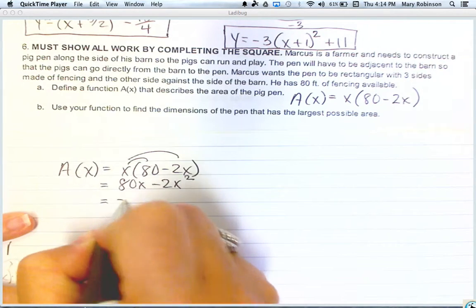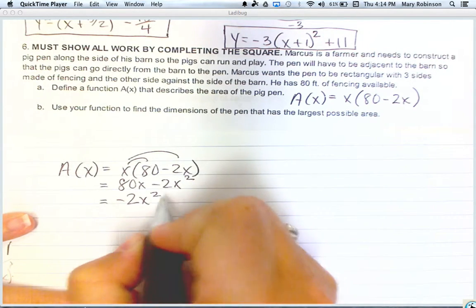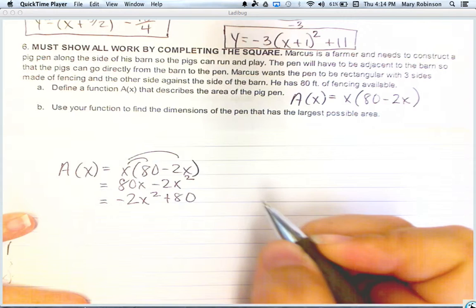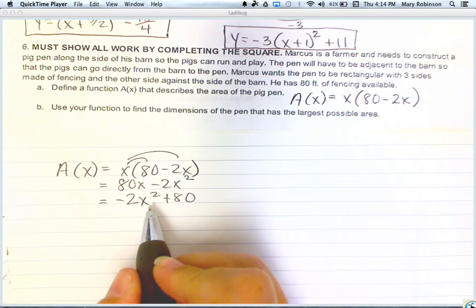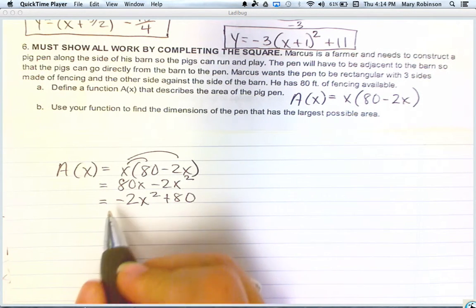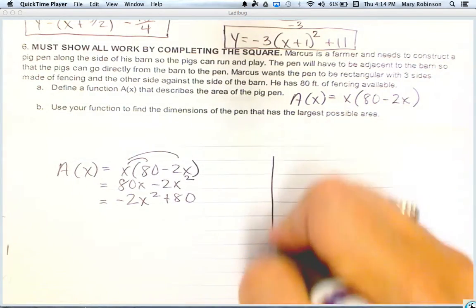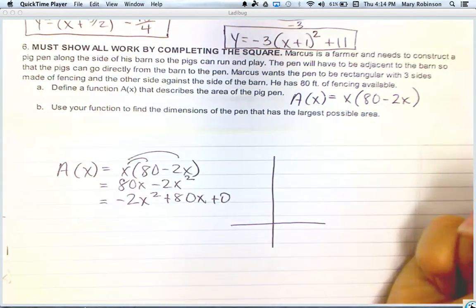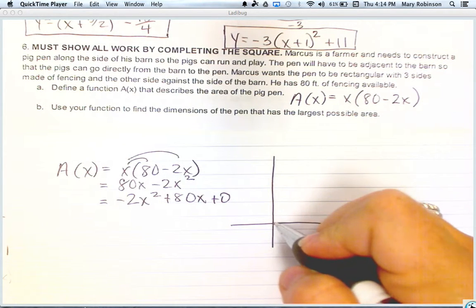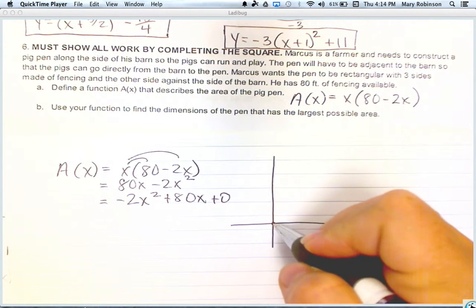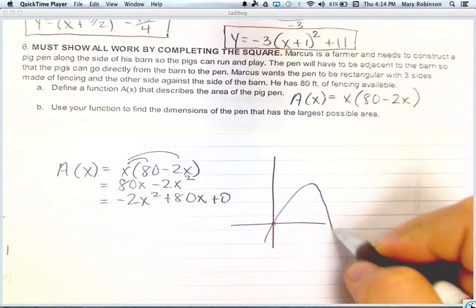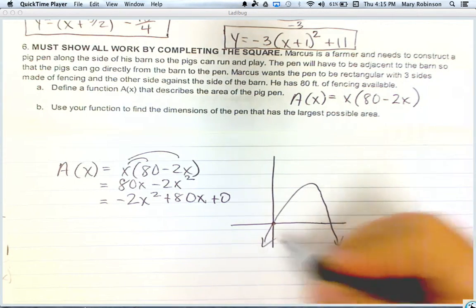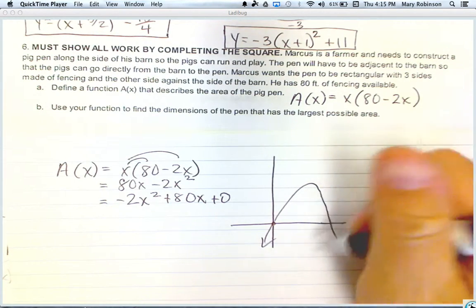We should recognize that this is in standard form, or descending order, that we have a quadratic function with a negative leading coefficient, and with a constant term of 0, which means we know it goes through the y-axis at 0 and that it opens down.